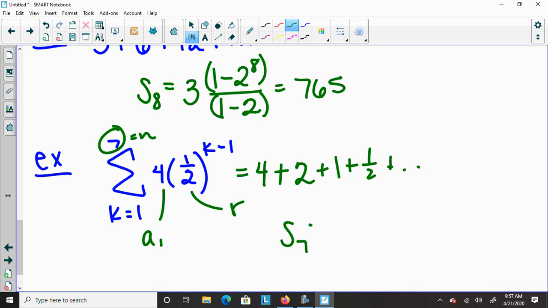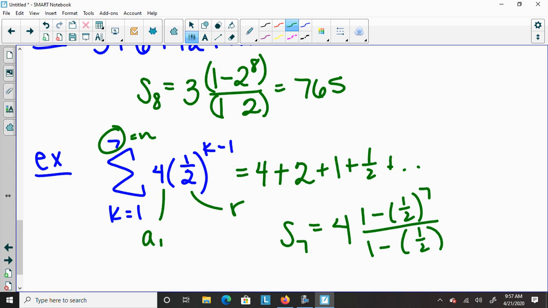So S sub 7 is the first term, 4, times, 1 minus my ratio, 1/2, to the 7th, over 1 minus 1/2. Plug that in. 4 times 1 minus, I'm going to do 0.5 just so I don't have dual fractions, to the 7th, divided by 1 minus 0.5.